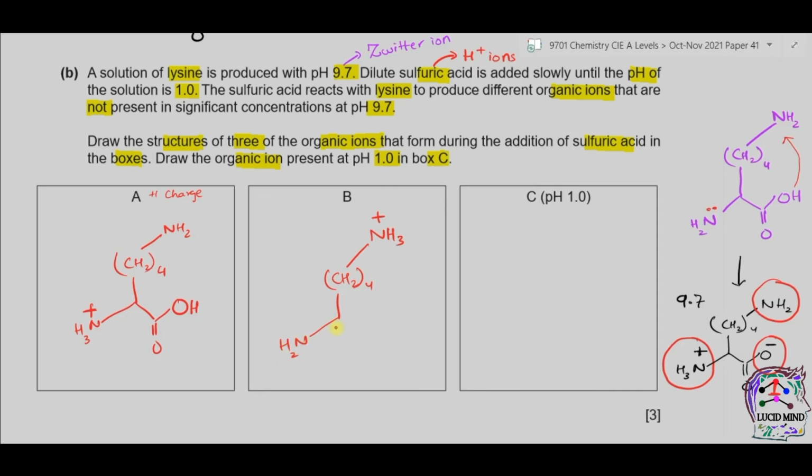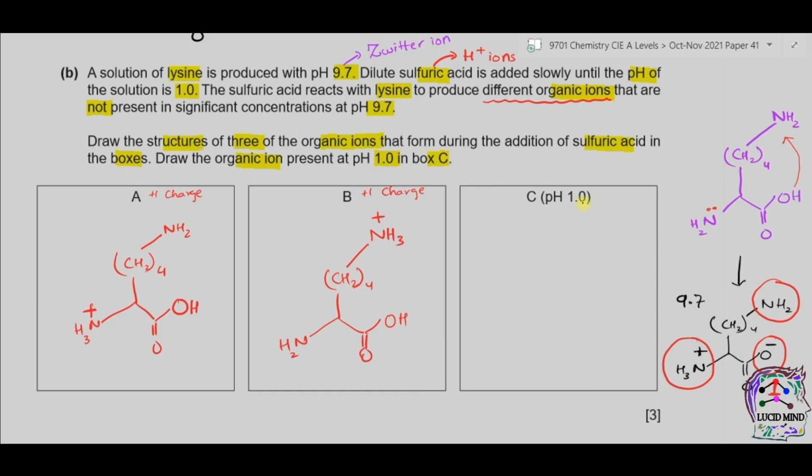This will be neutral NH2, and this part will gain a proton from the dilute sulfuric acid. So again the charge is +1. Remember that all 3 structures must be different.